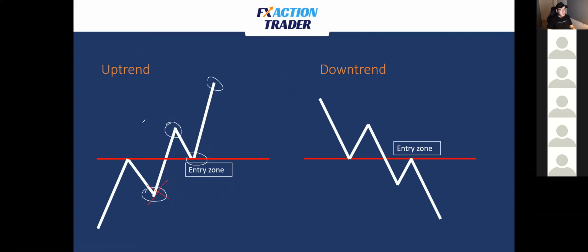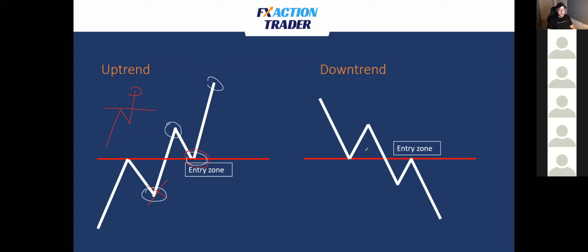Because when market is moving like this, how can you confirm that market is in an uptrend without making a new high? You need market to make a new high in order for market to confirm to you that, okay, this is in an uptrend. You can look for a buy trade now. So this is the entry zone for the uptrend structure.